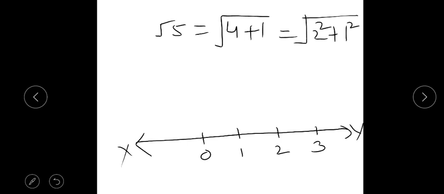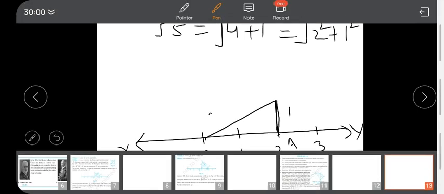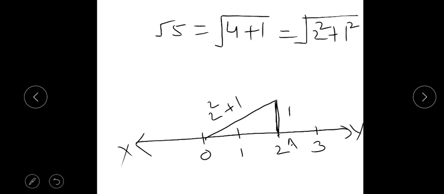Now take 2 units as base and draw a perpendicular at this point, say point A. This is 1 unit, this is 2 units. When we join these 2 points, this would be under root 2 square plus 1 square, that is root 5.